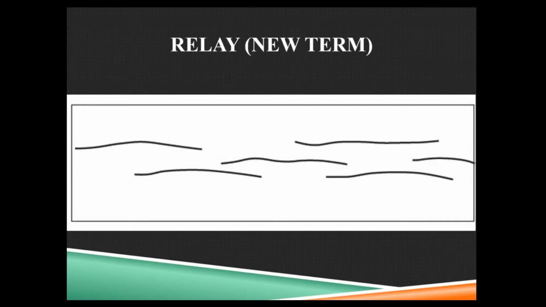Each of these shorter faults has released some of that stress and allowed some of that motion, and the net effect is that the top moves right and the bottom moves left. So this is called relay. A relay zone is an area with a bunch of faults like this that allow for the overall sense of motion.